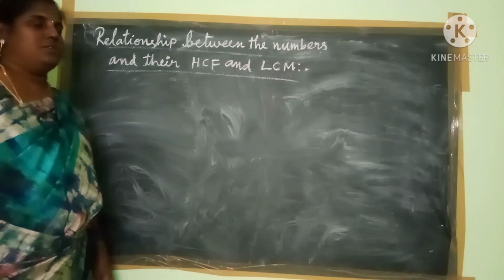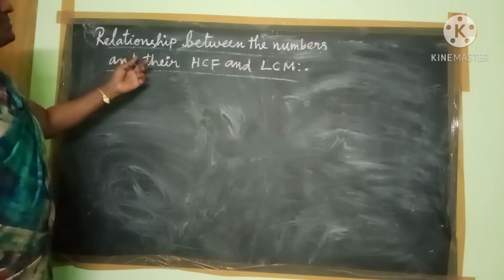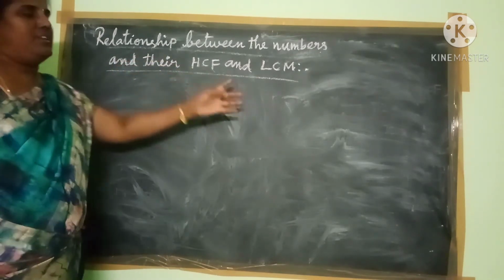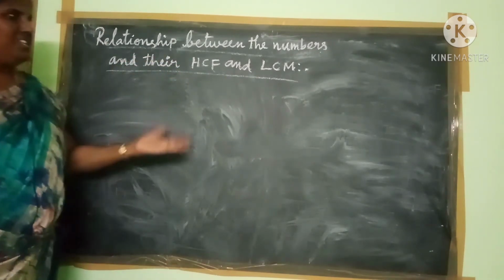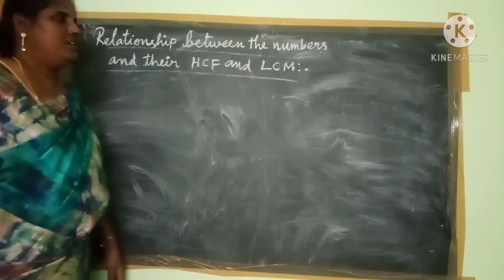Now let us see one more important property, that is the relation between the numbers and the HCF and LCM. What is the relation between HCF, LCM and the given numbers?